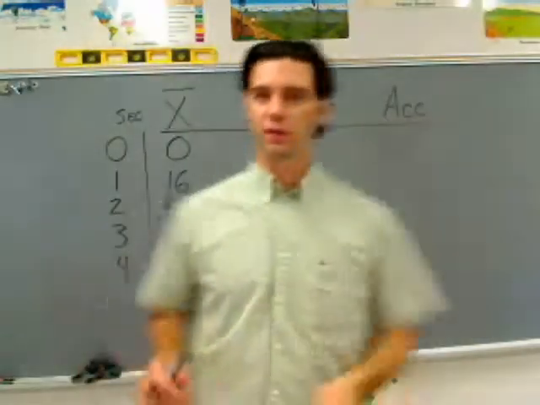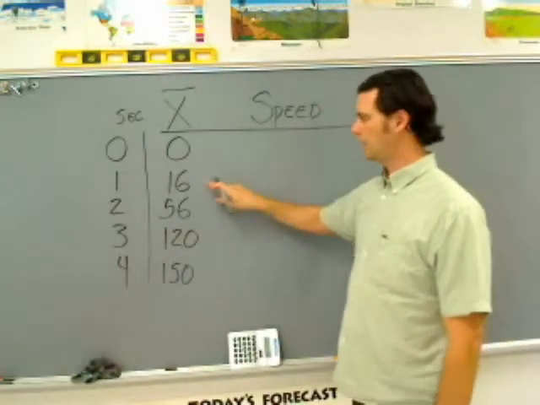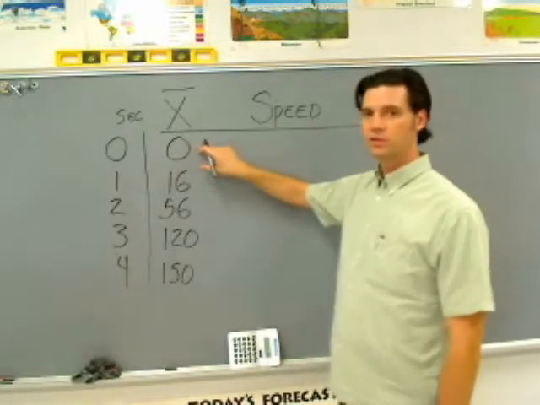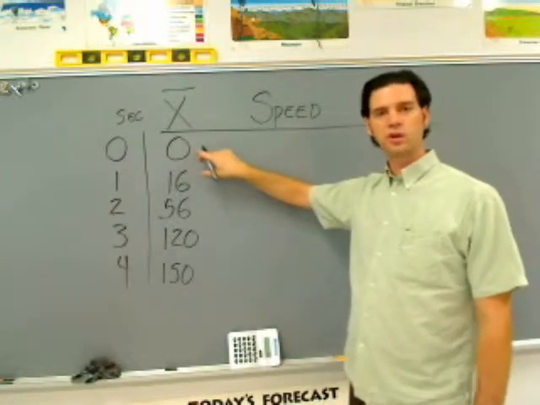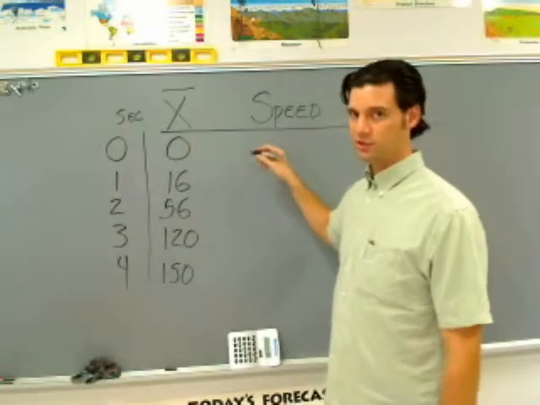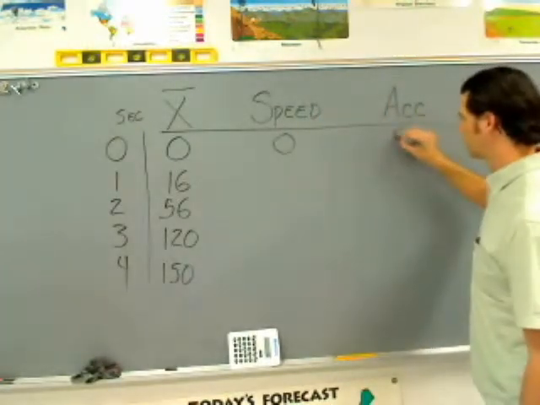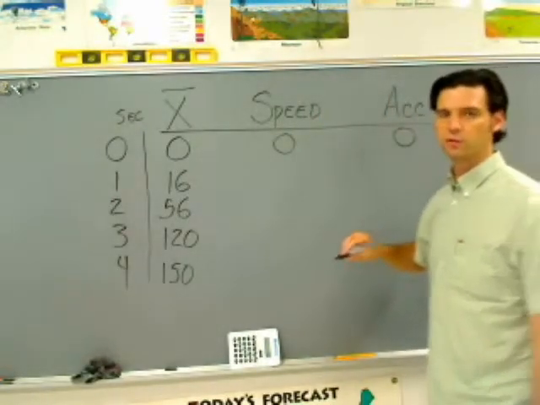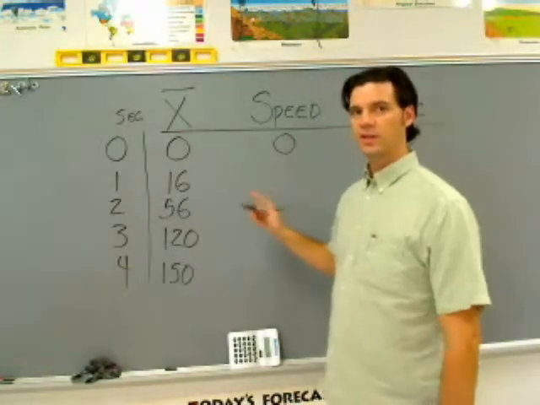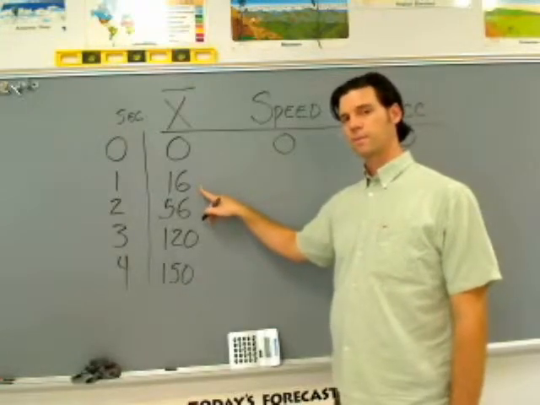Next, we need to figure out our speed. The speed is simply taking the ending speed, or the final speed, and subtracting from it the original speed, or the starting speed. So for 0 seconds, it's very easy. The speed is 0, and the acceleration, I'll just put in, but we'll talk about in a second, of course, is 0. Next we get to the first second. At the end of the first second, it was at 16 centimeters in my example here.